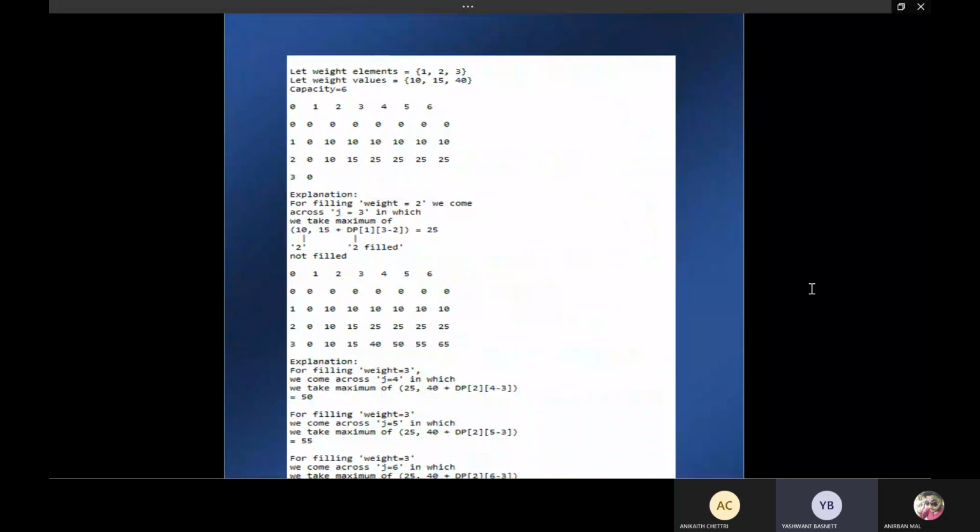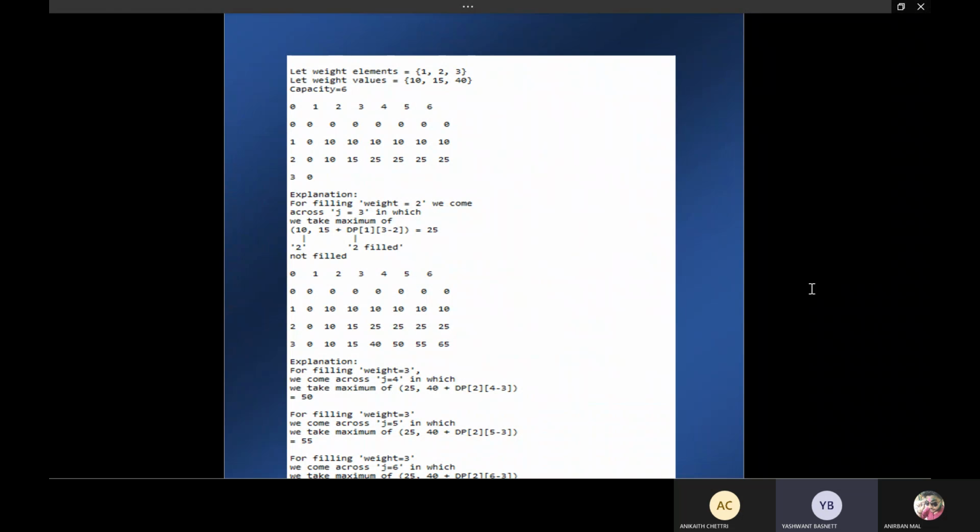Now we have created a matrix where we have named the columns from 0 to 6, which is the capacity, so the columns are 0, 1, 2, 3, 4, 5, 6. And in the row section we have given 0 to 3, since we have three items in the list, so 0, 1, 2, 3. As for how we are adding the values in the matrix, we have the explanation down there.